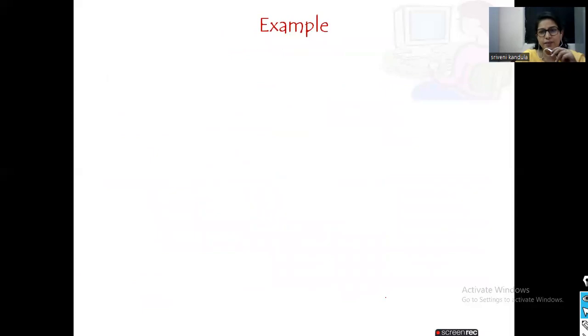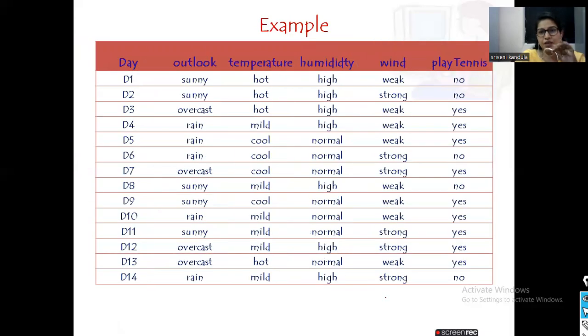Let us see one example. Like this, the training data will be given. Here, altogether from D1 to D14, we have 14 training examples, and we have the classification also. That is the target value. Yes or no are also there in this dataset. When the algorithm is running through all these examples, it will learn.